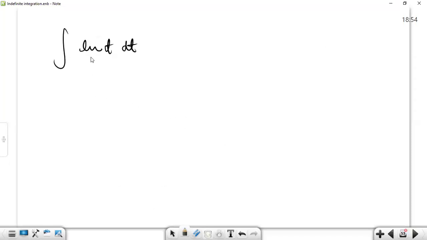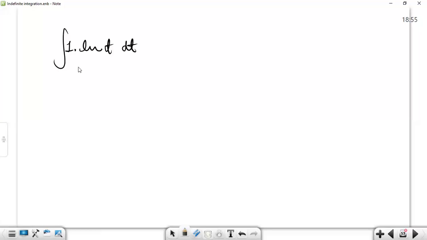Okay, so now there's only one function, so we'll take 1 as another function. Now logarithm of t is not easily integrable, right? So we will take it as the second function. No, sorry, first function, because it is easily differentiable.